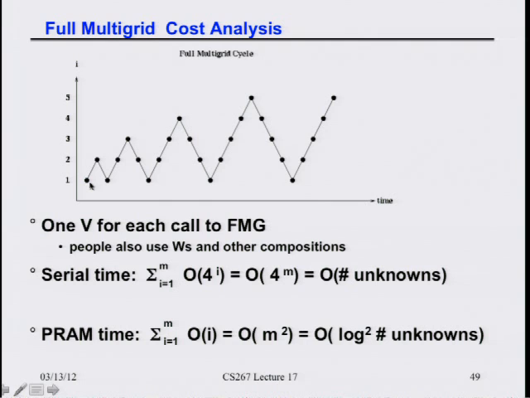I solve the 1-by-1 problem, use that as a starting guess for the 2-by-2, and that gives me that little V. I use that as a starting guess for the 4-by-4, that gives me that V. That's a starting guess for the 8-by-8, that gives me that V, and then the starting guess for the 16-by-16 gives me that V. So again, it's just another geometric sum, and it's all proportional to the number of unknowns. All the work is done in this last V cycle. These other V cycles are smaller by factors of 4. So all the cost is perfect. Well, now except it's log squared, but that's OK.